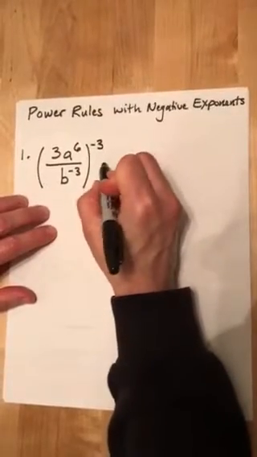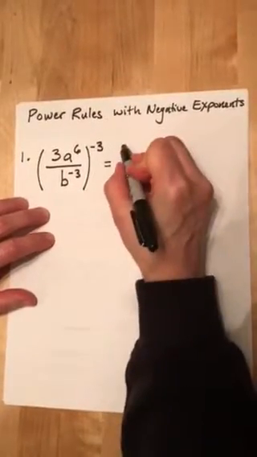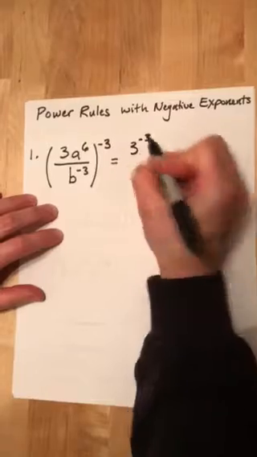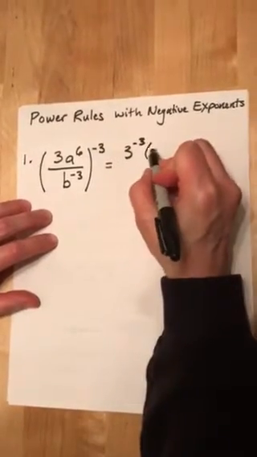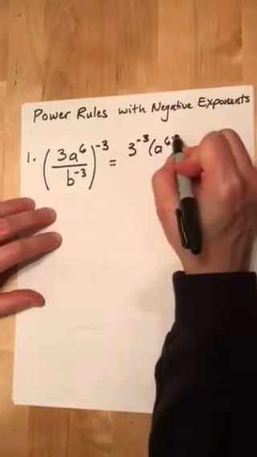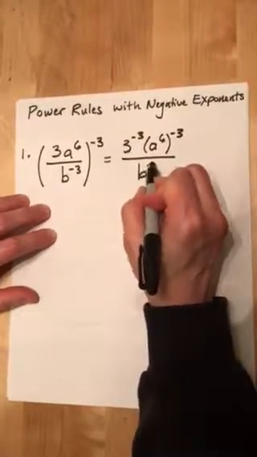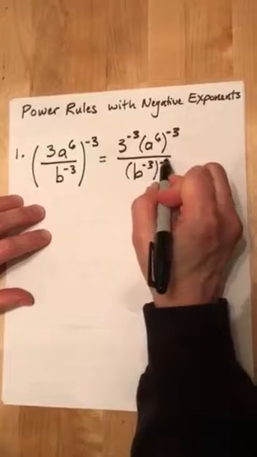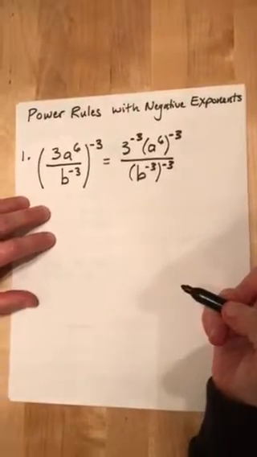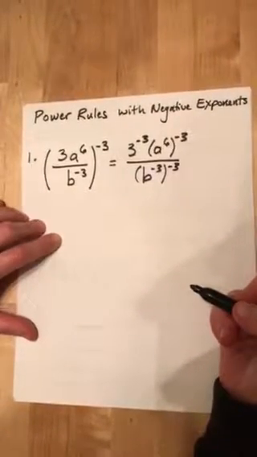And so what this means is we have 3 raised to the negative 3rd. We have a to the 6th raised to the negative 3rd. And we have b to the negative 3rd raised to the negative 3rd power. And so let's think about each part of that.